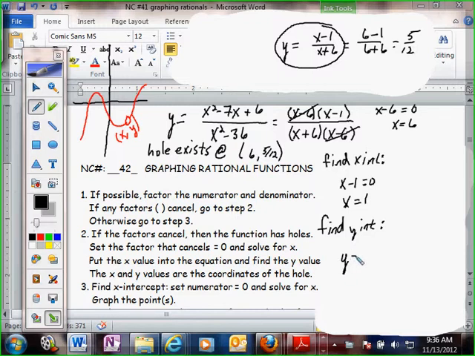So I have y equals 0 minus 1 over 0 plus 6, which is negative 1 over 6. So my y-intercept is negative 1 over 6.